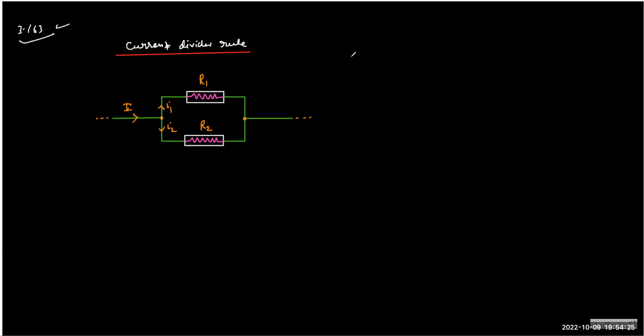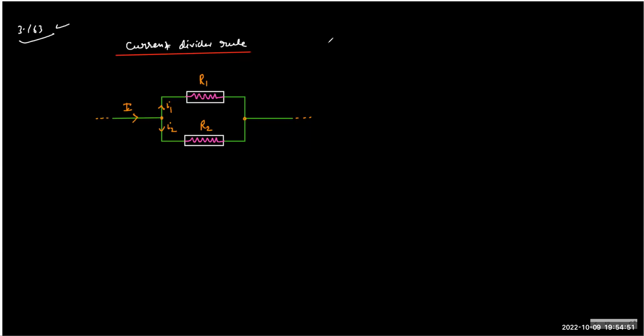That is a simple takeaway. Whenever you see two branches in parallel, you must say that their potential difference, or voltage, will be the same. So the current will distribute in a fashion to maintain V, the voltage.